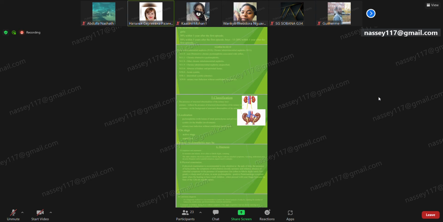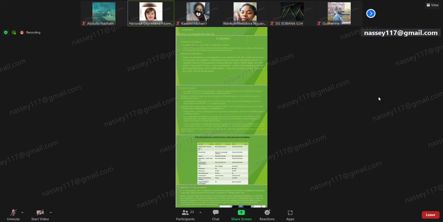The patient feels the pain. There will be bacteria and leukocyturia in the general analysis of urine, and also erythrocyturia.